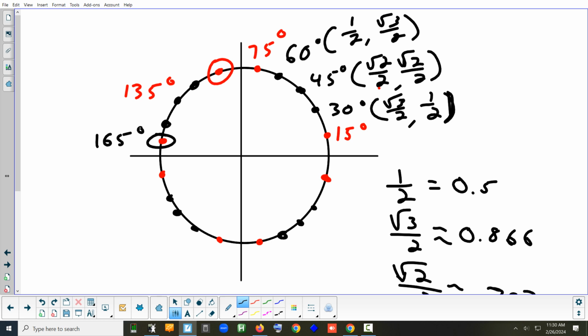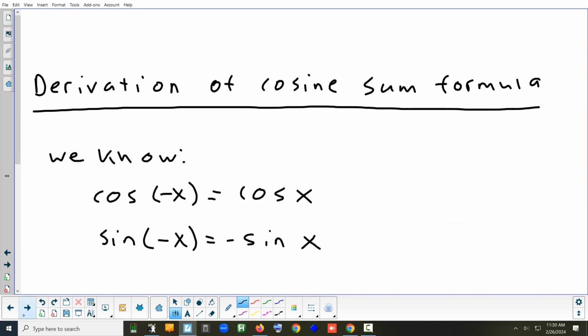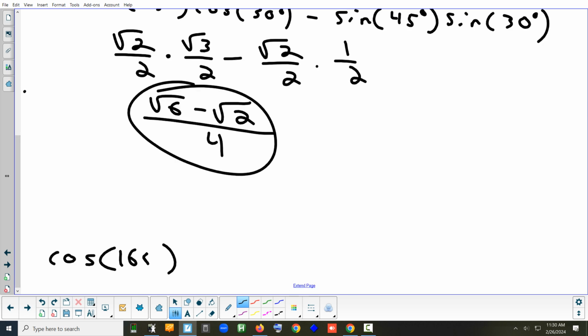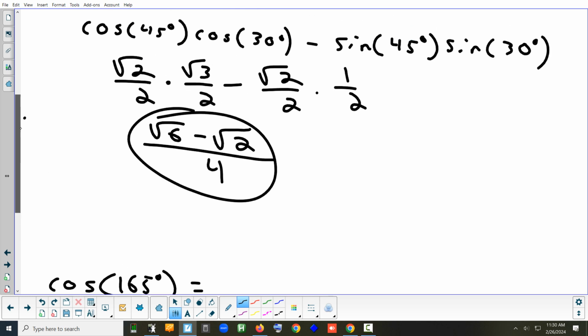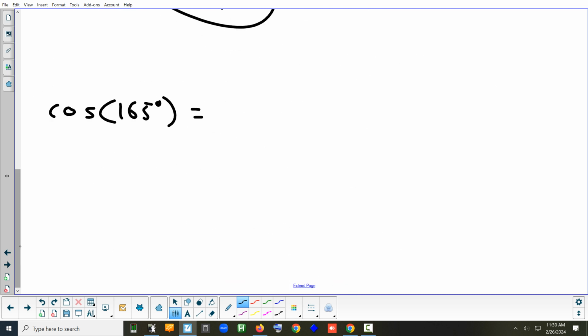It's 15 degrees before 180. How could you split up 165? Use the same values we already found. It's probably going to end up being lots of root 3 over 2s and 1/2s. But how would you break up the 165? You do 135 plus 30.